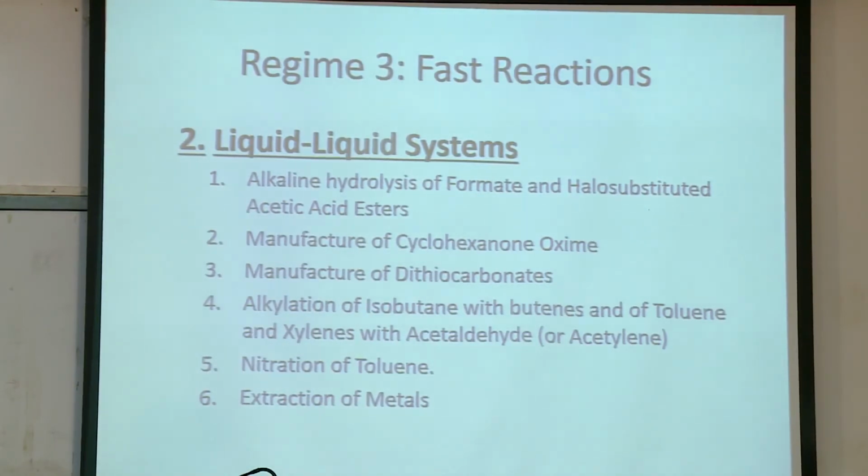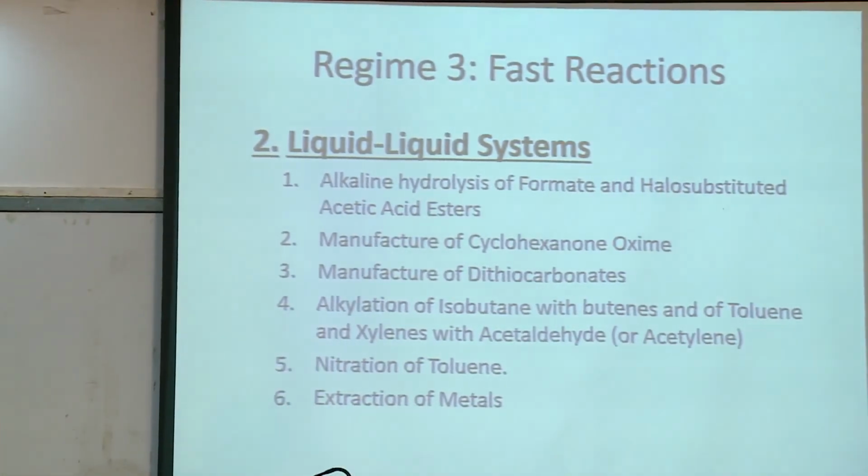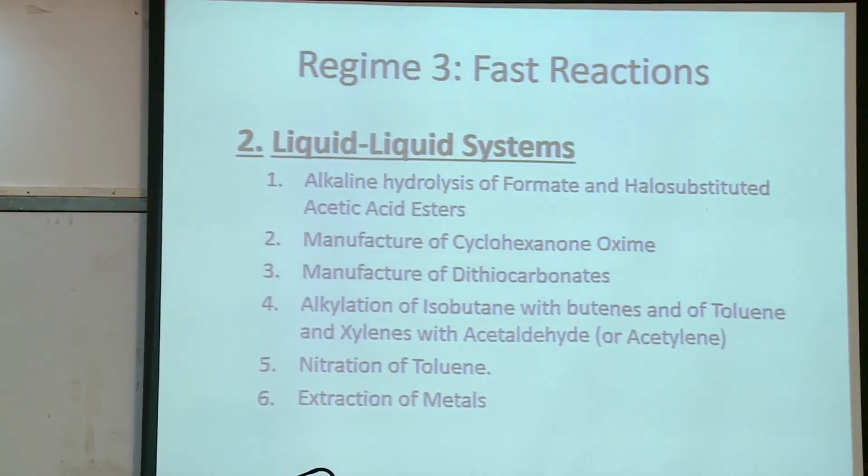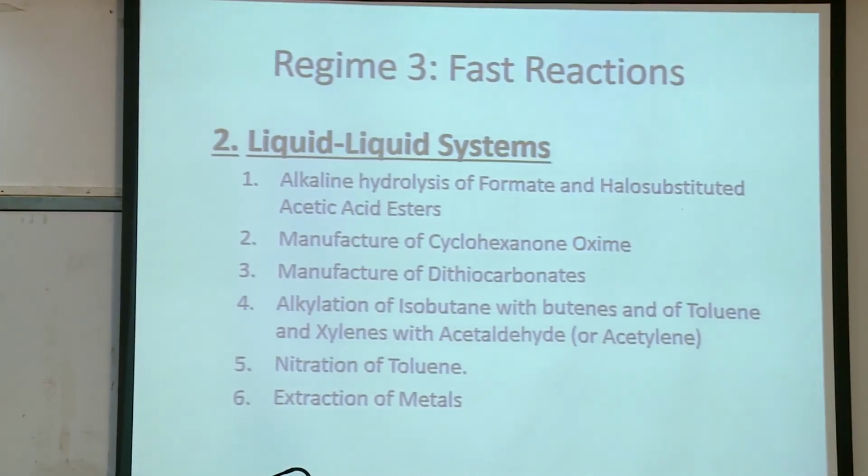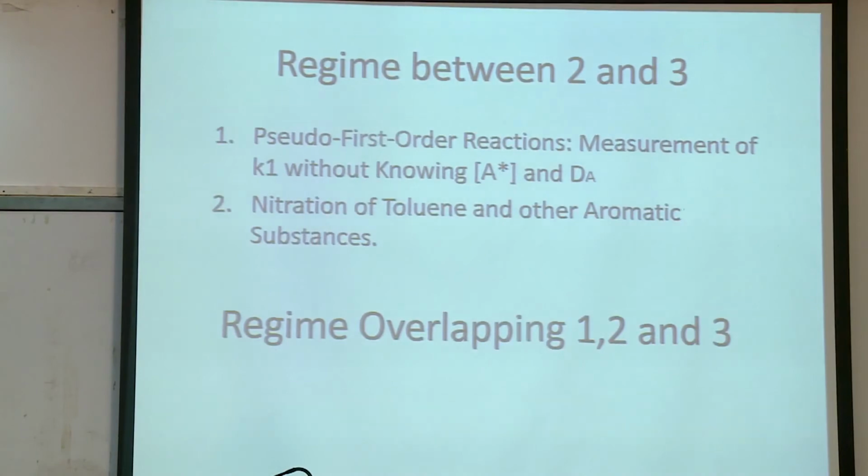So, maybe now read something: manufacture of dithiocarbamates, manufacture of cyclohexyl benzene, nitration of toluene, extraction of metals, alkaline hydrolysis of the formate esters and acetic acid esters. Regime overlapping 1, 2, 3.